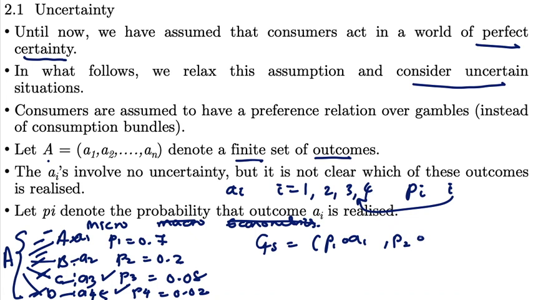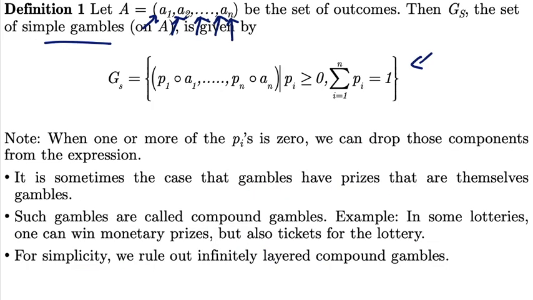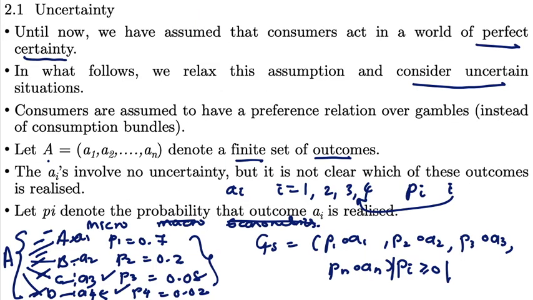Then we have P3 composite of A3, and then the last one we have Pn composite of An, evaluated at probability greater or equal to 0, and if you sum all of them, okay, let me put evaluated at. Let's go back to the notation. What else do we need to put? Yes, instead of putting a vertical bar, we need to put a comma here because I want to describe the set that we have here. That means the sum of Pi has to be equal to 1.